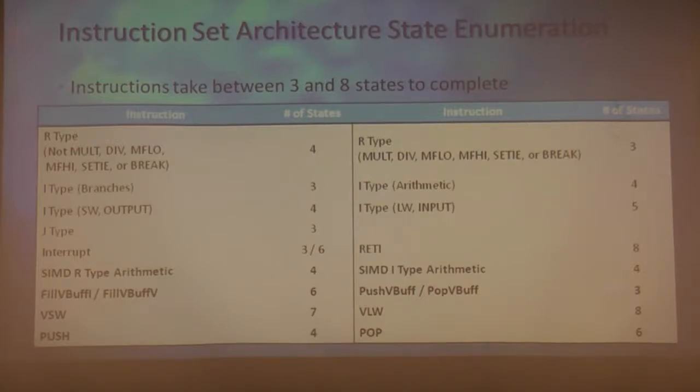And in addition to those, we have pop vbuff and push vbuff, which moves from the REU to the appropriate either IDP or the SIMD unit. Other things to note are that load word takes 7 states to load 4 operands, whereas the normal load word would take 4 states. The normal store word would take 4 states to load 1, so it would take 16 states if you wanted to load 4 separate pieces of data.